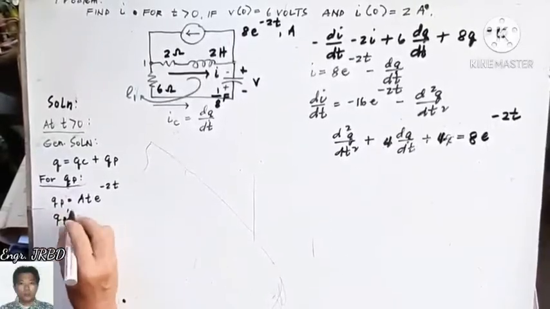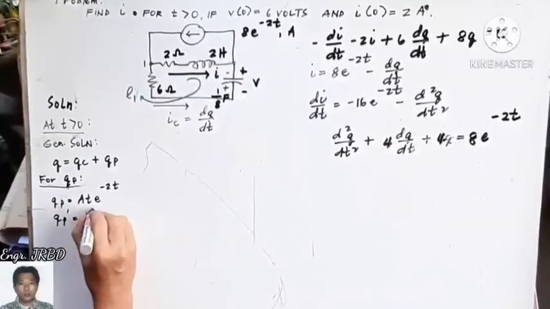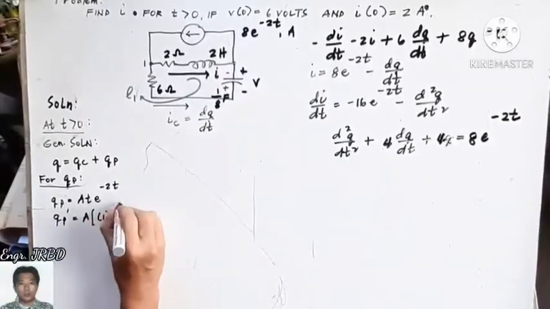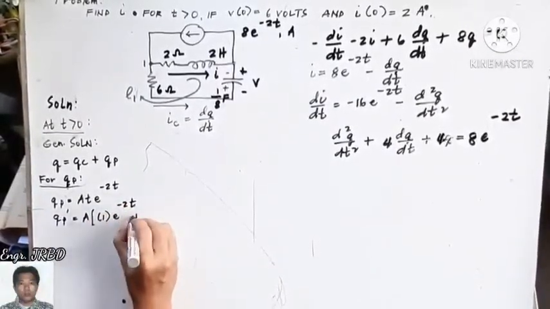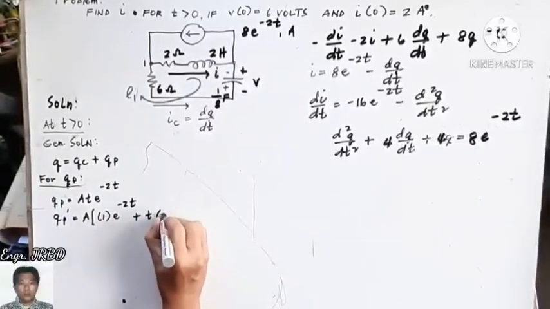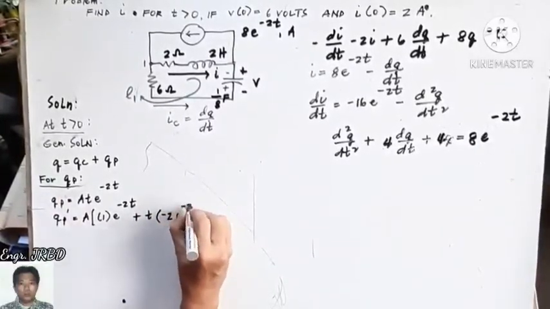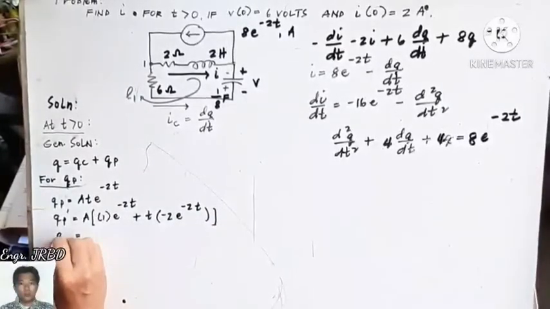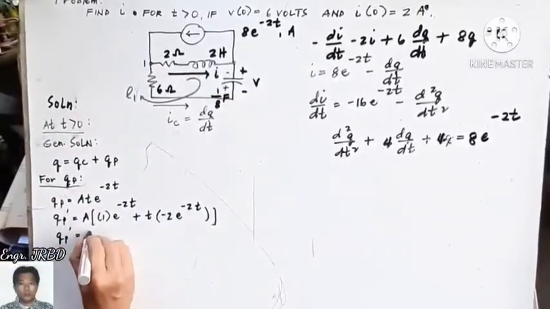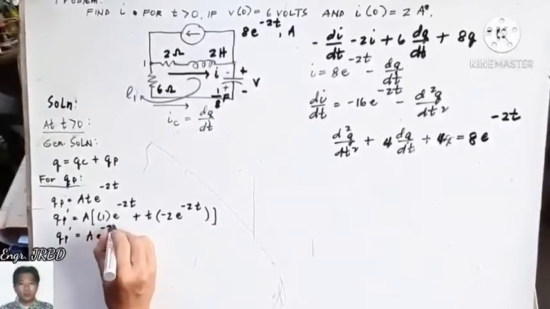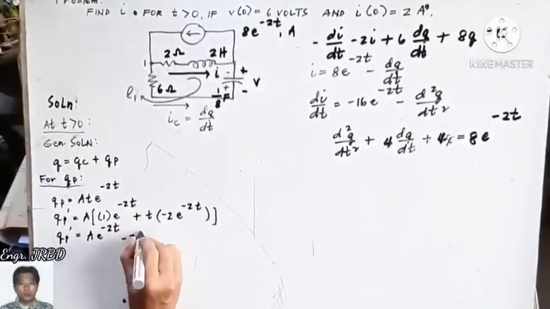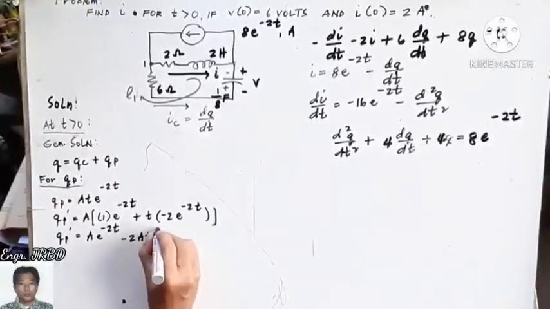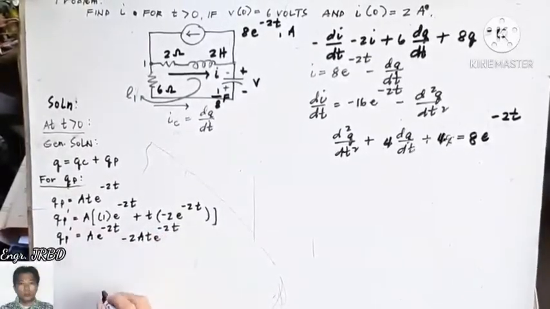Q sub P prime is a times 1 e raised to negative 2t plus t times negative 2 e raised to negative 2t. Or that is Q sub P prime is a e raised to negative 2t minus 2a times t e raised to negative 2t.